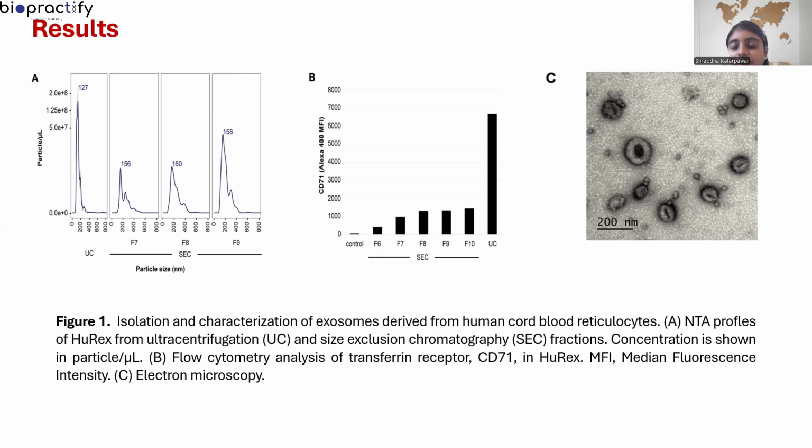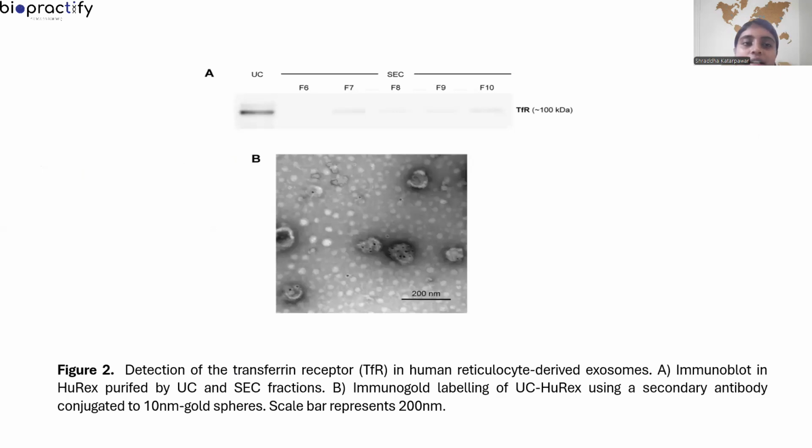These spherical particles are the exosomes, which range up to 200 nanometers. The next result is the detection of the transferrin receptor in human reticulocyte-derived exosomes. The first result shown is the immunoblot of human reticulocyte-derived proteins purified by the ultracentrifugation method and size exclusion chromatography fractions.